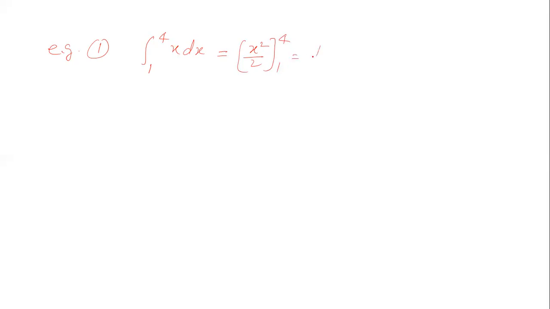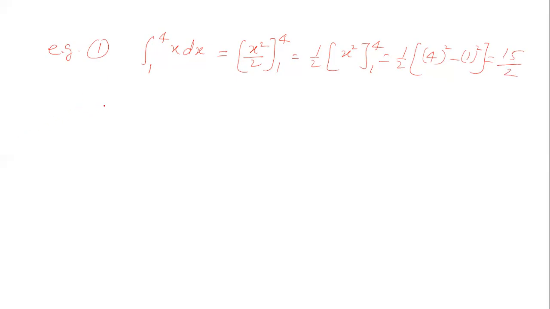So 1 upon 2, x square, 4 to 1. That is 1 upon 2 into (4 square minus 1 square). That is 16 minus 1, 15 upon 2.